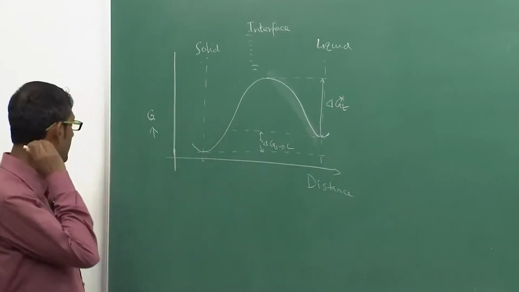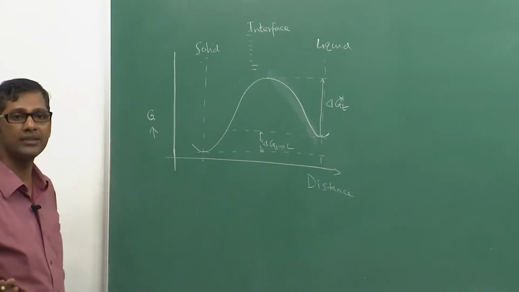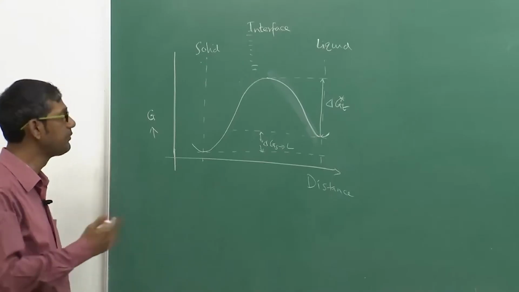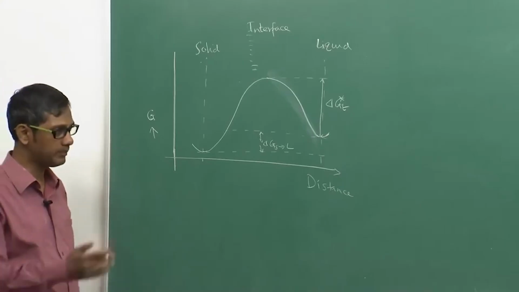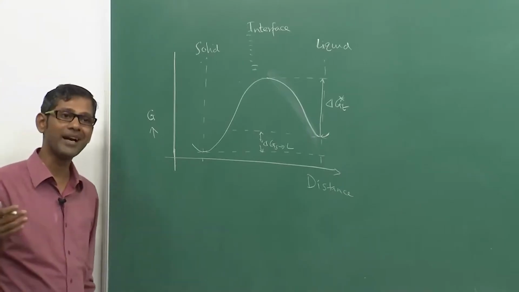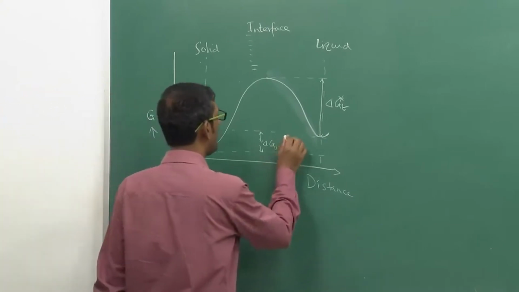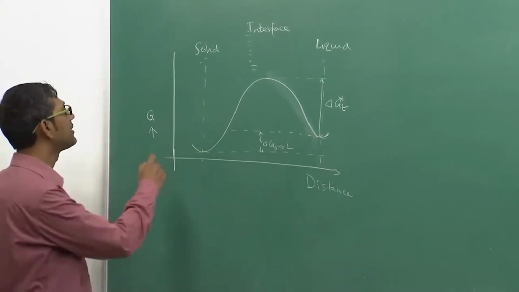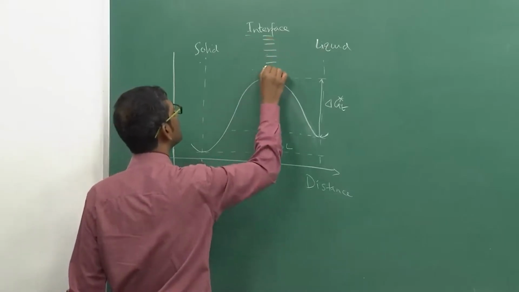So what does it mean? This is just like grain boundary migration, or atoms moving from one place to another, which is diffusion actually. Solidification can also be considered as atomic migration from the liquid to the solid. So it's one kind of diffusion, but not only diffusion, also something else. That means this is an activation-controlled process.